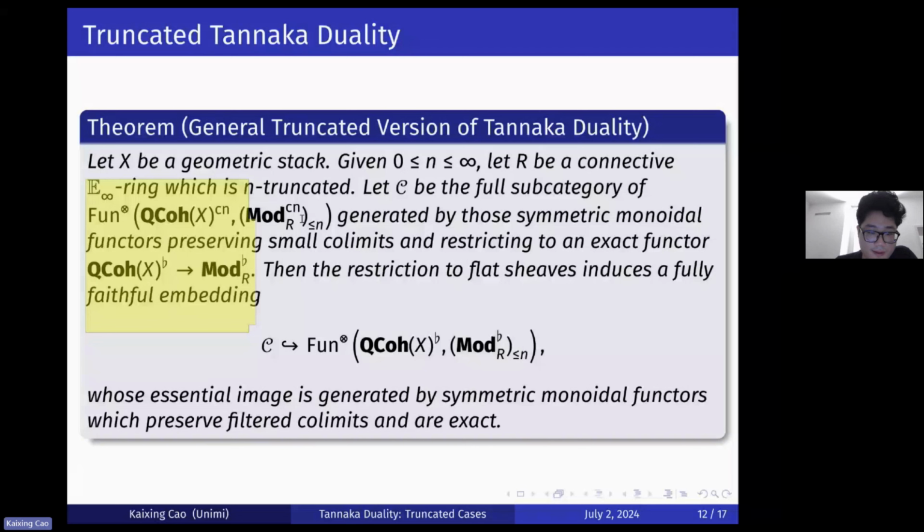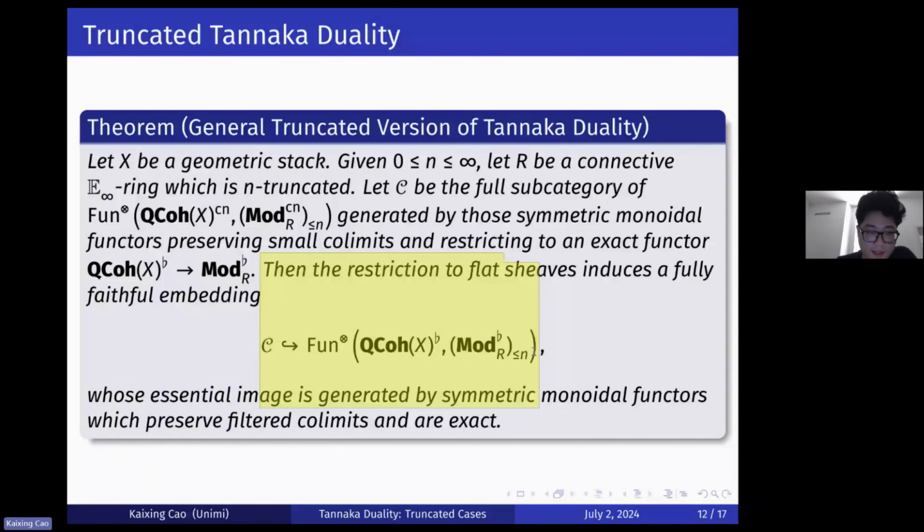Now we can see there is a well-defined functor, because a functor in C can restrict to the flat objects on X and R modules. So this is a restriction functor.